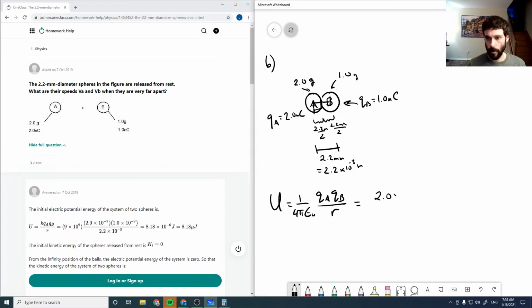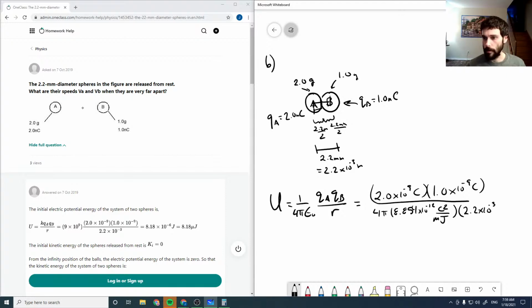So we've got 2.0 times 10 to the minus 9 coulombs, 1.0 times 10 to the minus 9 coulombs over 4 pi epsilon naught, a constant in coulomb squared per meter joules, and R is 2.2 times 10 to the minus 3 meters. And this comes out to be 8.1705 times 10 to the minus 6 joules.